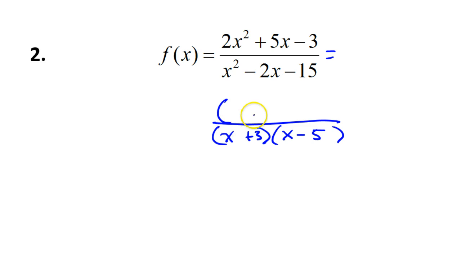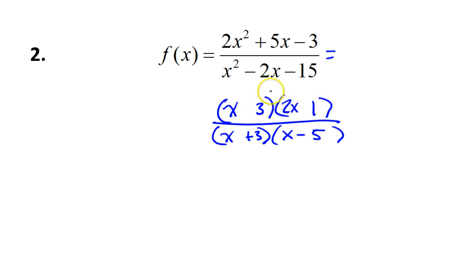Now this one here on the top, let's see. 2x squared is going to be x times 2x. The 3 can only be 3 times 1. Now I'm trying to get 5x in the middle. Remember how I always say inner plus outer equals middle?